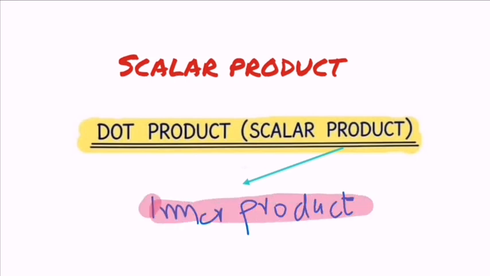Dot product is the product of two vectors such that their resultant will be a scalar or number.